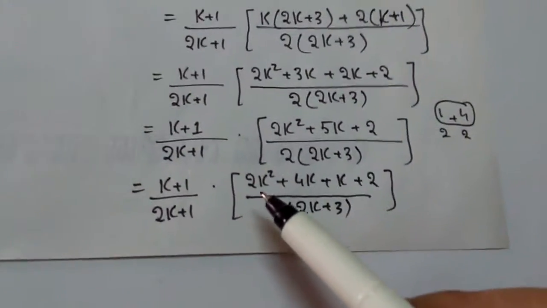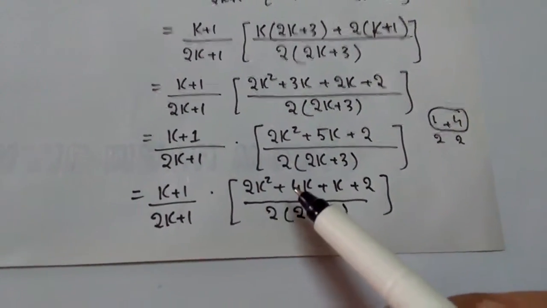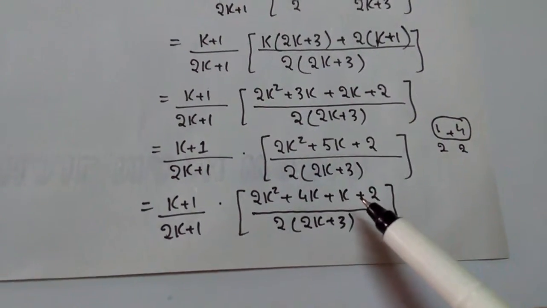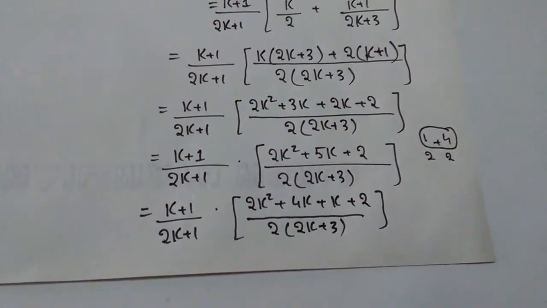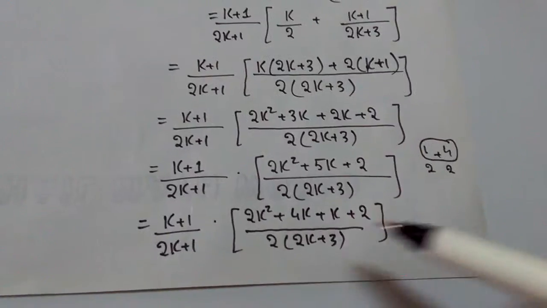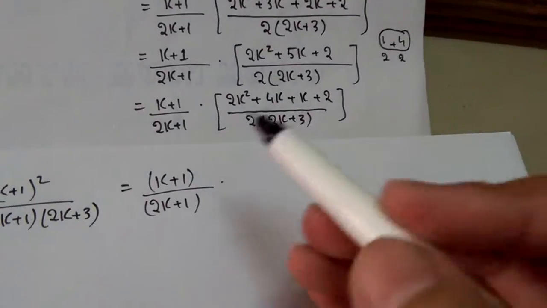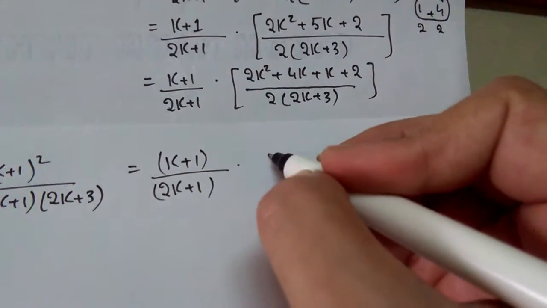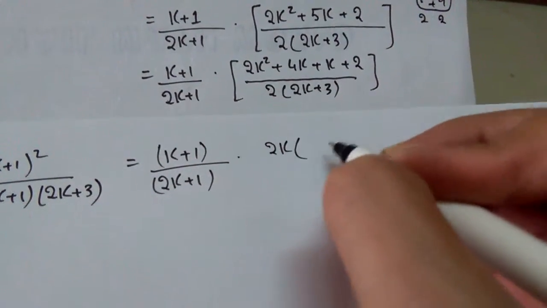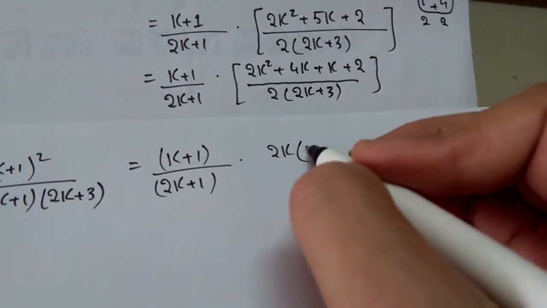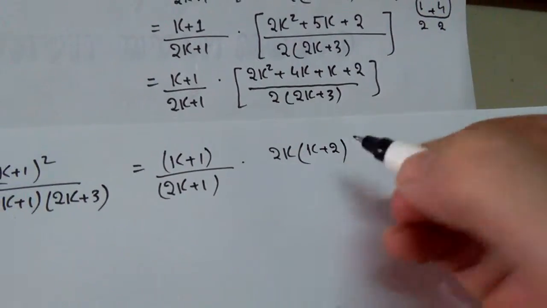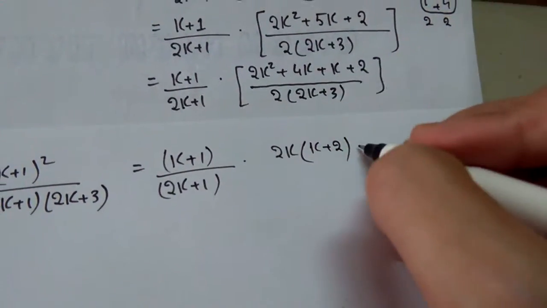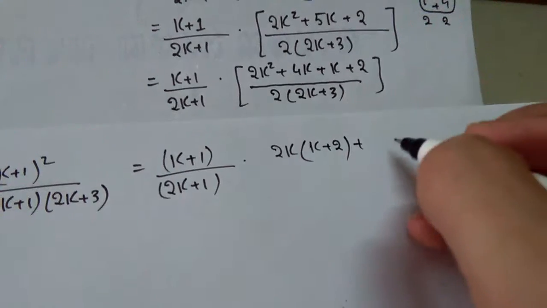Now you can see that in the first two terms you're having 2k common, and in the last two terms you're having nothing common. It means you're having 1 as a common number outside. So let us factorize this. In these two terms 2k is common, so let us write 2k, and inside I'm having just k plus 2 left. Then I'm going to write this sign as it is, and in these two terms nothing is common.